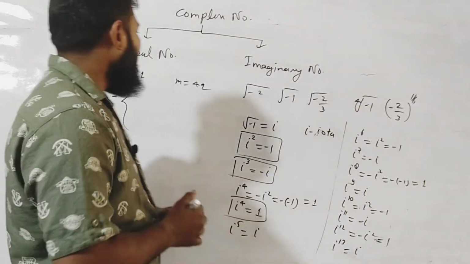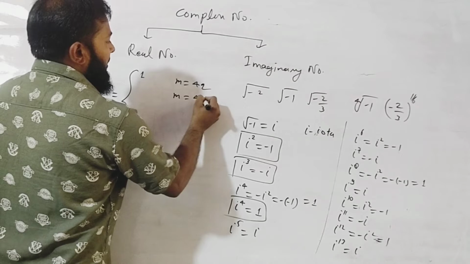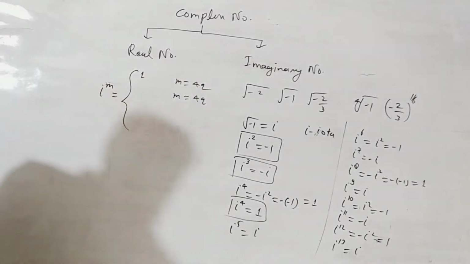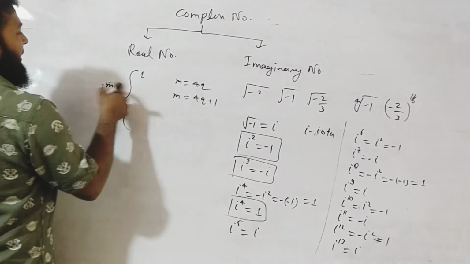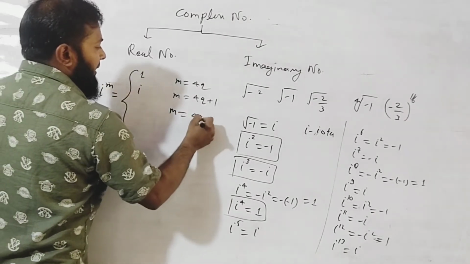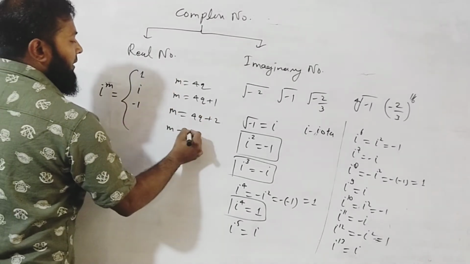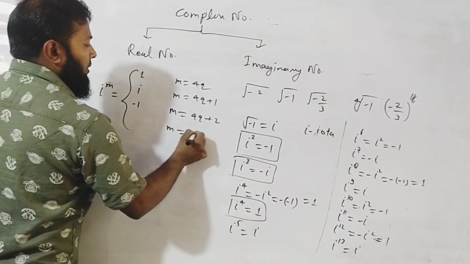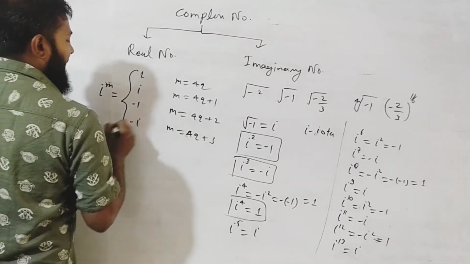Okay, if the power of i divided by 4 leaves remainder 1, then this gives us value i, and if it leaves remainder 2, then this gives us value -1, and if the remainder is 3, this gives us value -i.